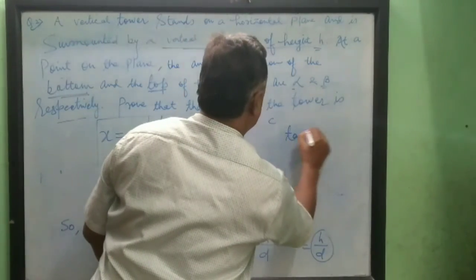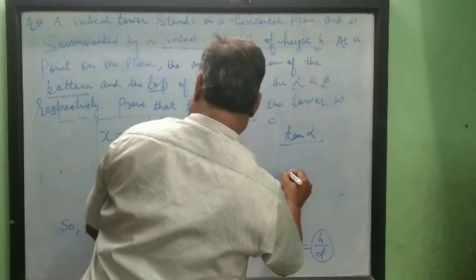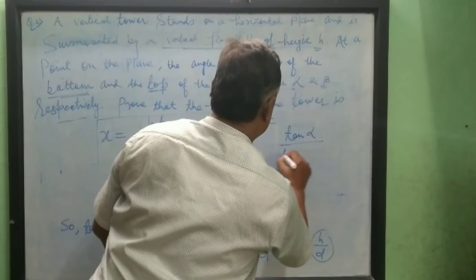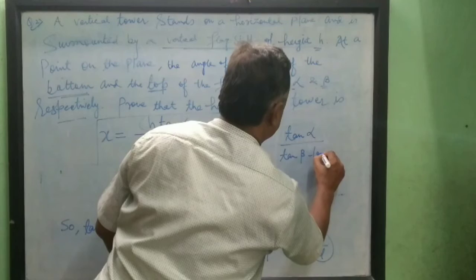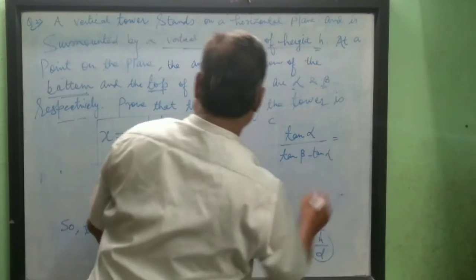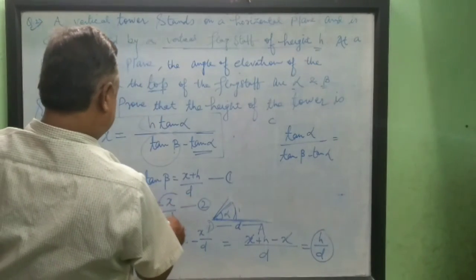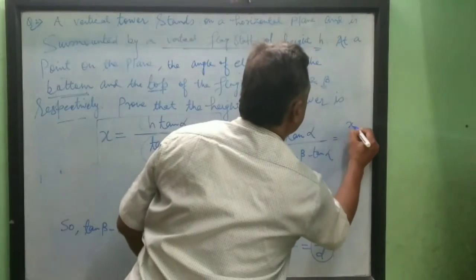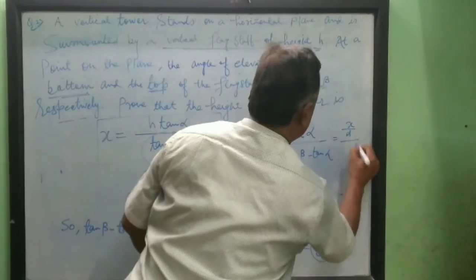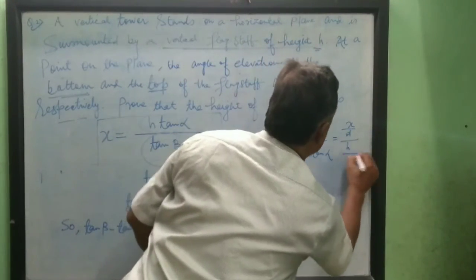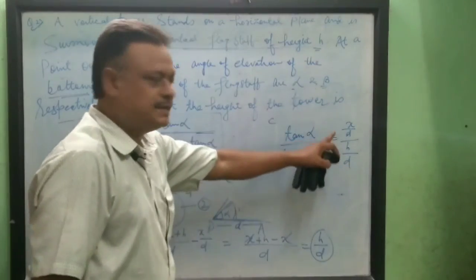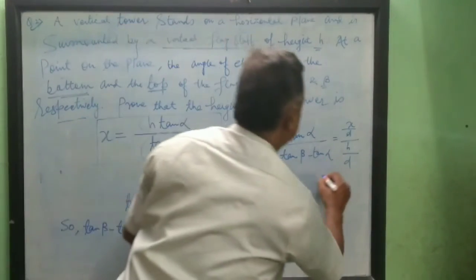So tan alpha by (tan beta minus tan alpha) is equal to x by d divided by h by d.